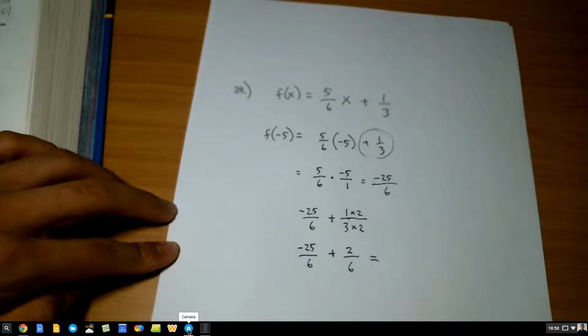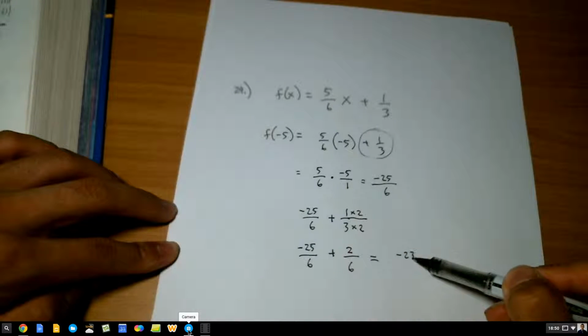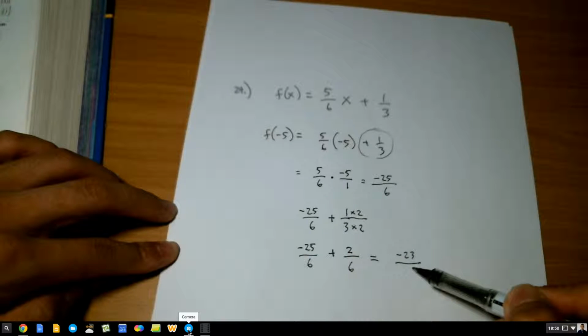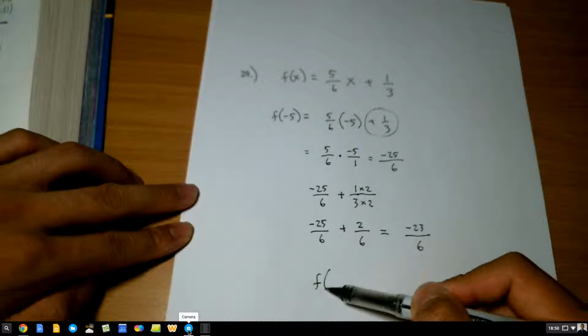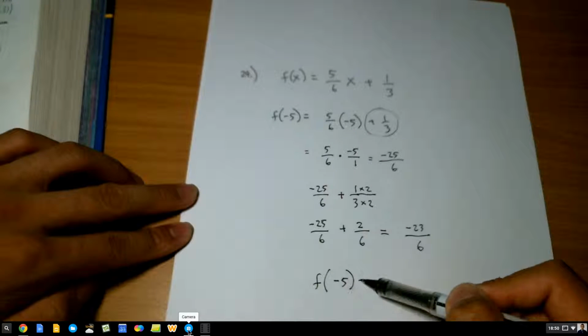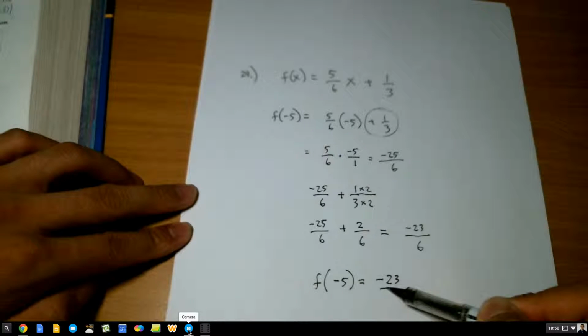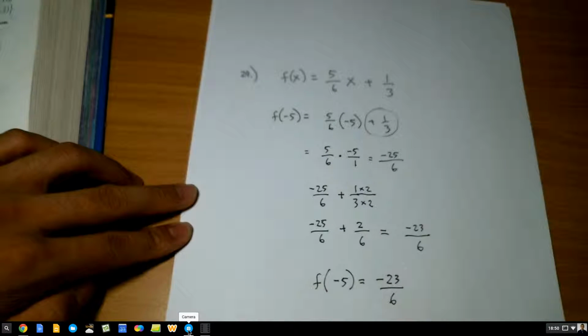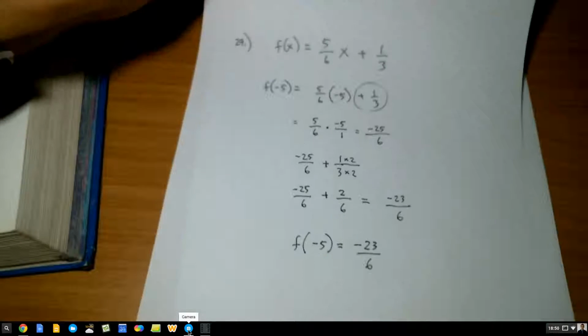And we get negative 25 plus 2 is negative 23 over 6. So f of negative 5 is equal to negative 23 over 6. Okay, so now let's try another one.